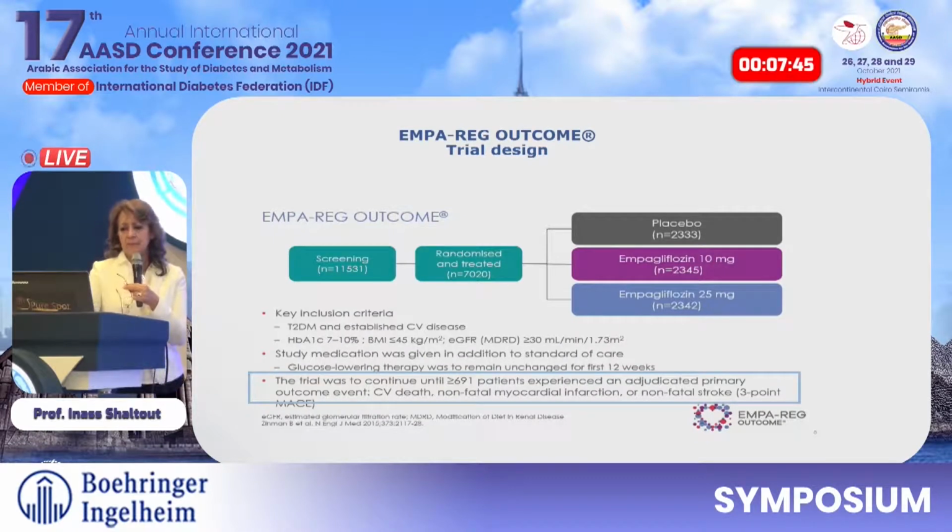These are the arms of the EMPA-REG trial. There was a placebo arm, one arm with empagliflozin 10 milligram, and another arm with empagliflozin 25 milligram.